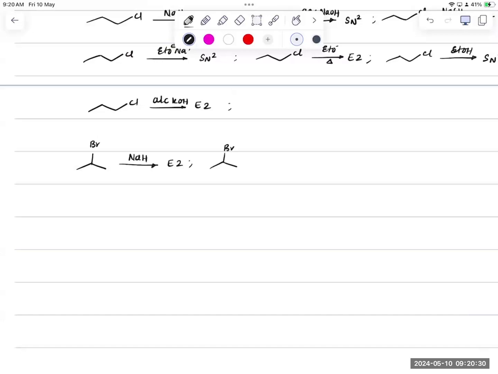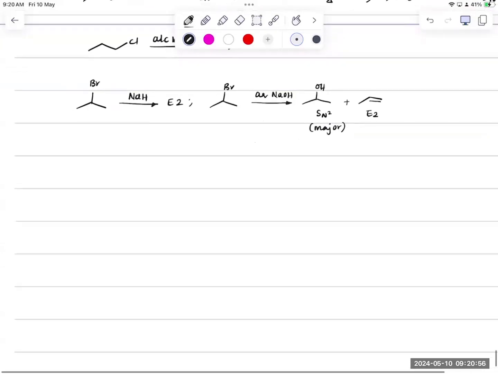If you have Br, correct, and aqueous NaOH is given, clear? You will do SN2, this one via SN2 and elimination via E2. But major product, as long as it is aqueous, means major product should be given to SN2. Okay.